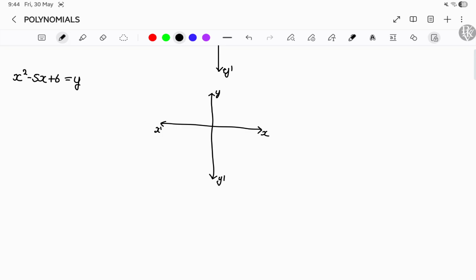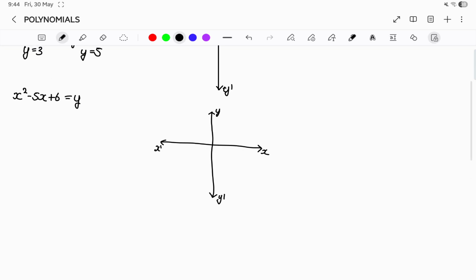Now the peculiarity of the graph of a polynomial with the degree 2, or simply called the quadratic polynomial, is that its graph will look something like this.